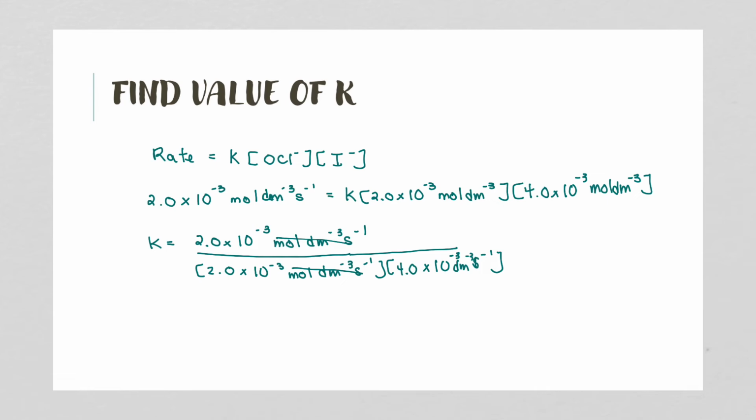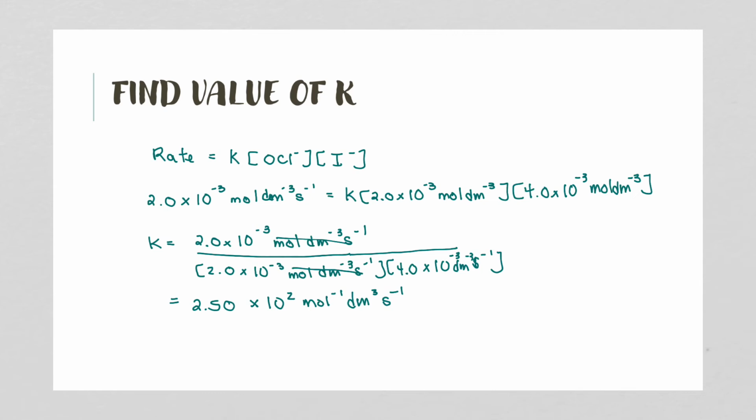So our units are going to be switched around. So our value for K is equal to 2.50 times 10 to the power of 2 moles minus 1 decimeters cubed per second.